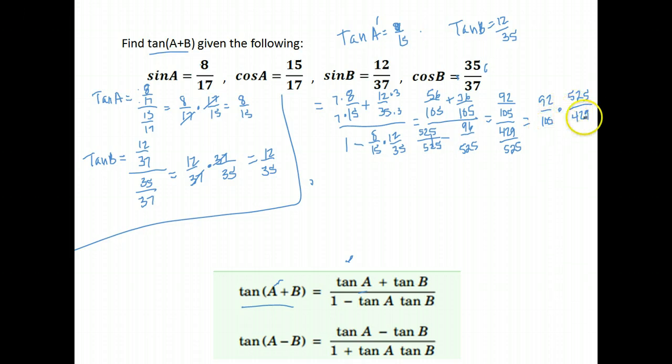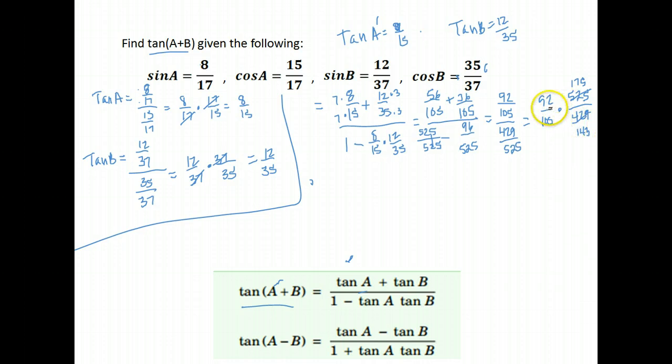Want to see if there's anything common in the numerator and denominator that we could use to break these down. Actually, 3 goes into both of these. So 525 divided by 3 leaves me with 175. This is not more to do with the tangent, but just reducing a fraction. 429 divided by 3, 3 goes into that 143 times.